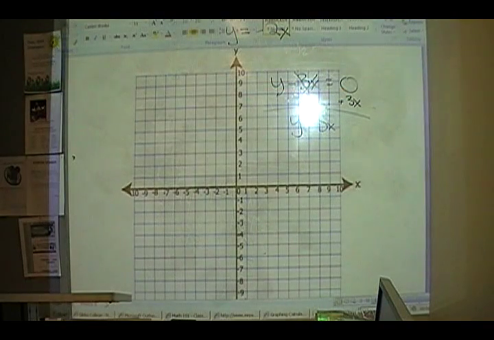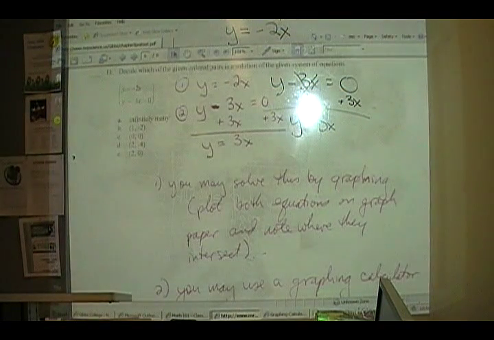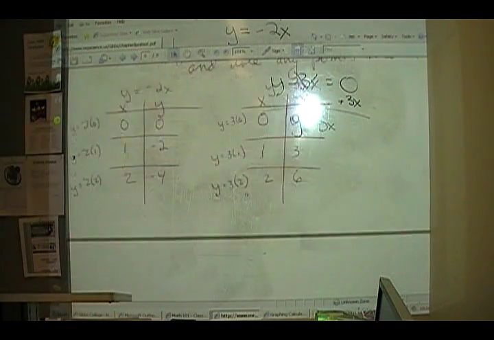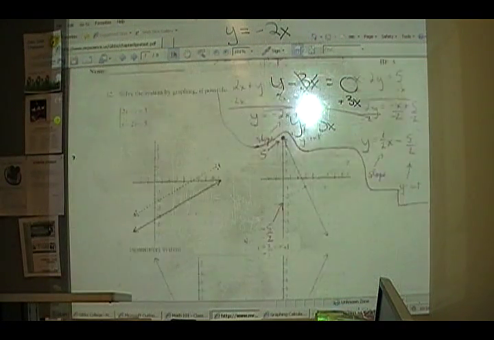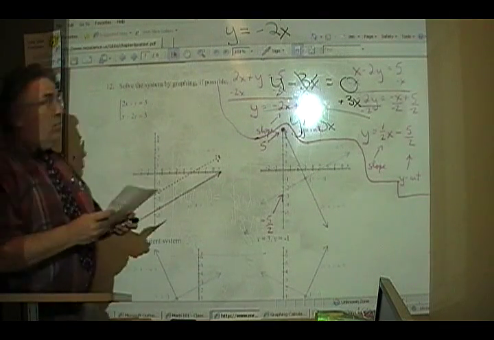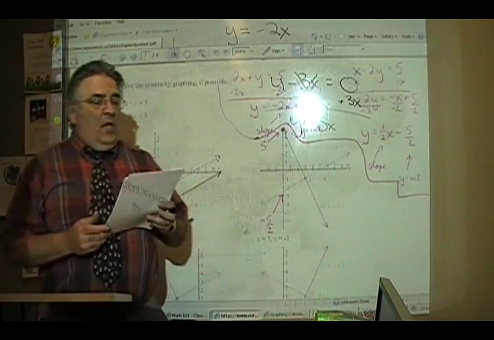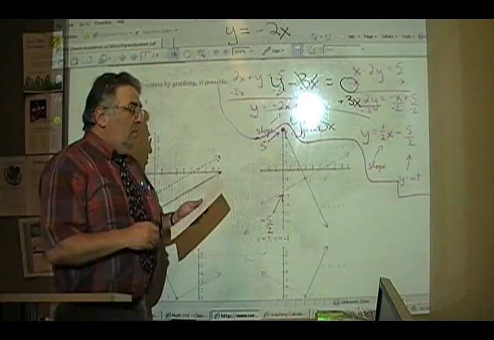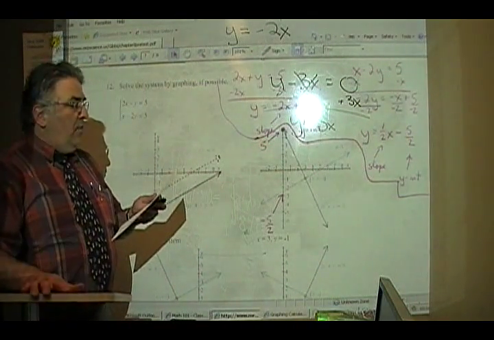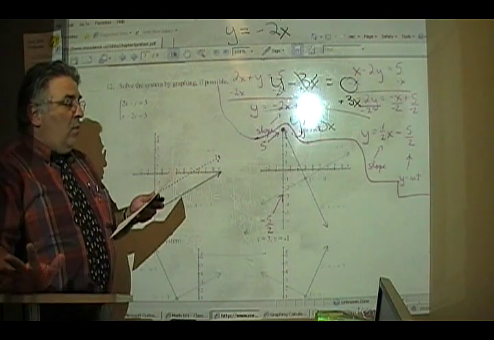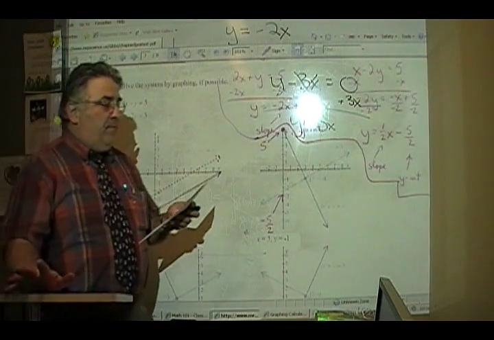Okay, let's go back now to the online test and number 12. Number 12 is the same idea as what we just did in number 11. The equations are not written in the slope-intercept form. So you could solve this equation several ways. The way in which I'm showing you is to graph it.